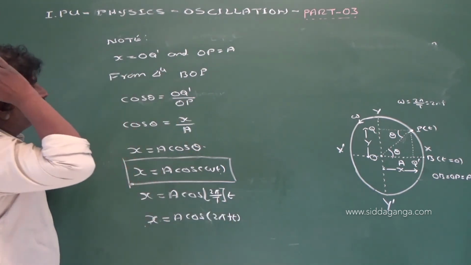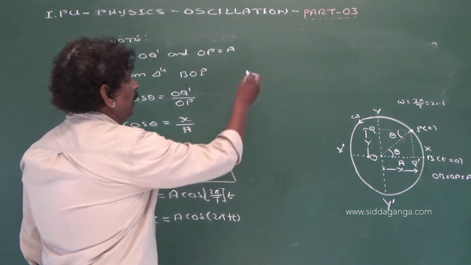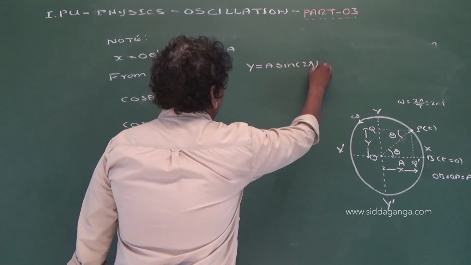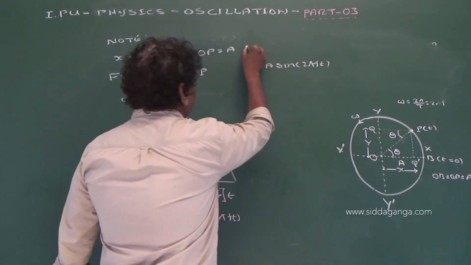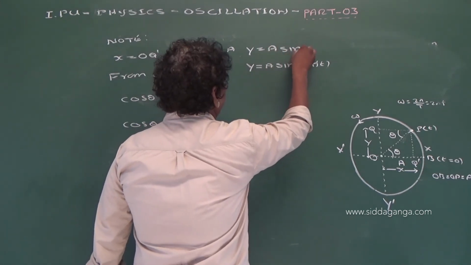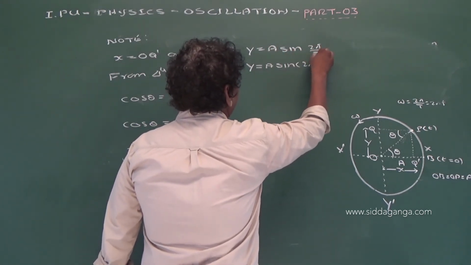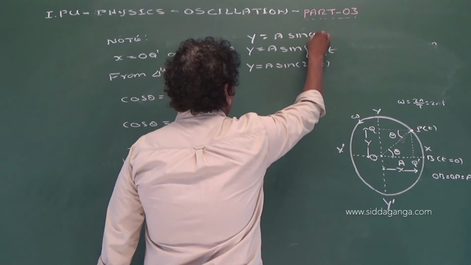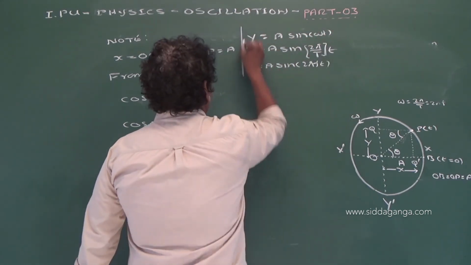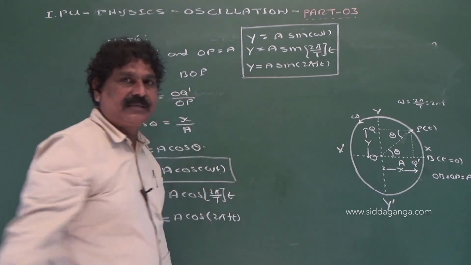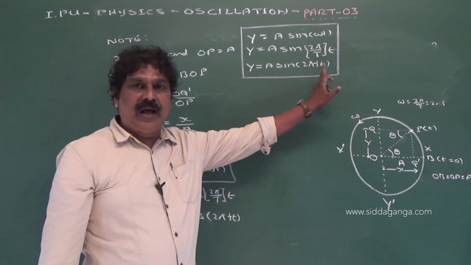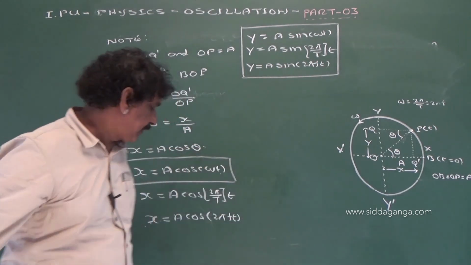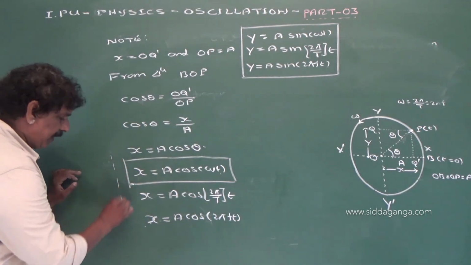In that particular case, it is written that y is equal to a sin 2 pi f t, y is equal to a sin 2 pi by T into t, y is equal to a sin omega t. Let me make the correction: yes, a simple mistake was there, I had not written t there. Actually, t is there. Now, a cos 2 pi by T t.